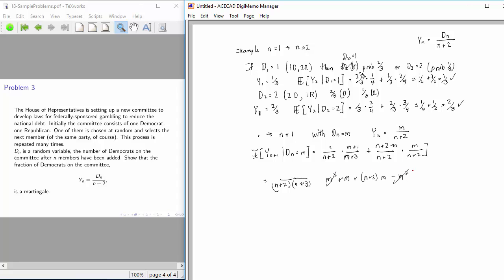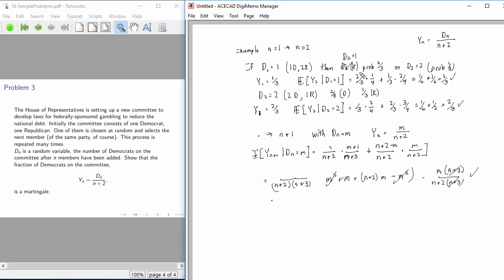Nice to see that go. And what do you know? We've got n plus 3 times m. So we've got m times n plus 3 over n plus 2 times n plus 3. That cancels, and everything checks.